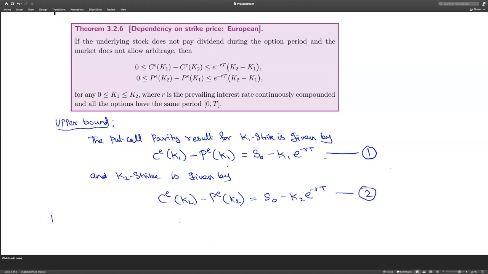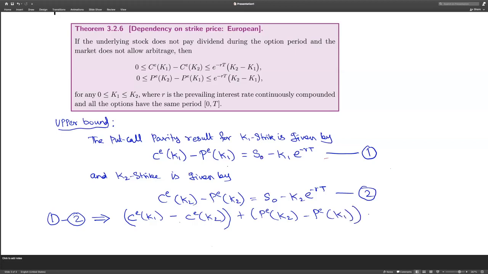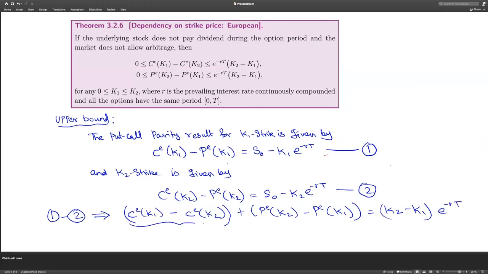Now 1 minus 2 gives us CE of K1 minus CE of K2 plus PE of K2 minus PE of K1 is equal to, S0 gets cancelled, therefore, K2 minus K1 e power minus RT. Now you see that both these terms are positive.